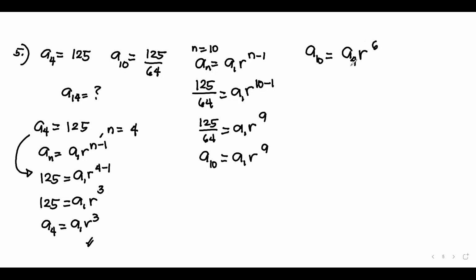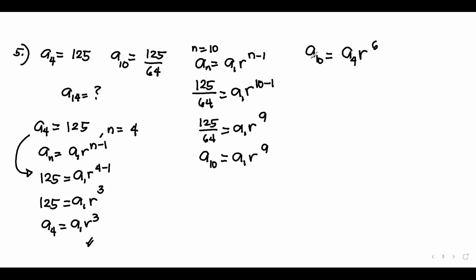So we can substitute the value of the fourth term, which is 125, for us to get the value of the ratio. And we also have the value of the 10th term, which is 125 over 64. So we can find easily now the value of r.